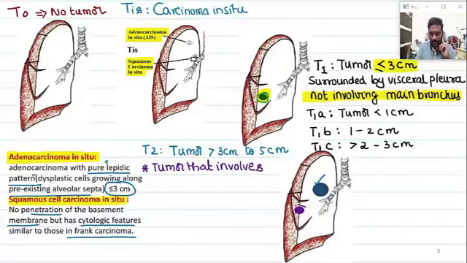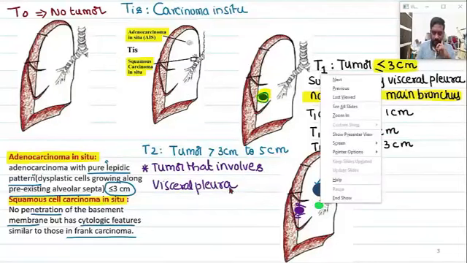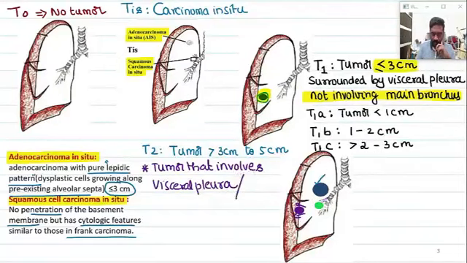Now you can see the tumor is invading the visceral pleura, or the tumor can go and involve the main bronchus. Previously the tumor was away from the main bronchus. Now it is going and involving the main bronchus, though not as big as involving the carina.